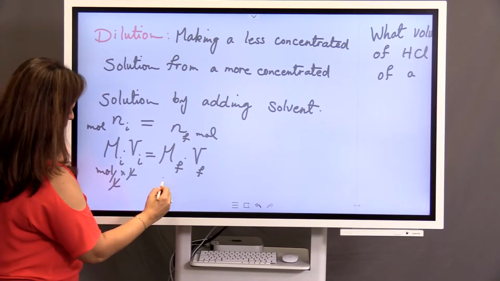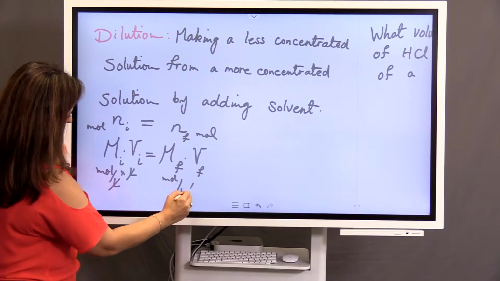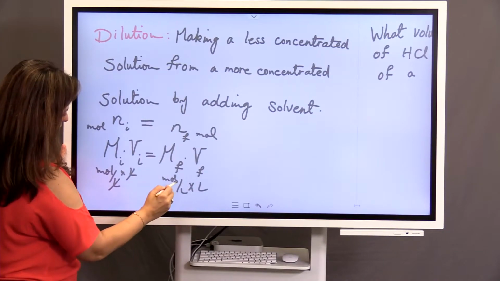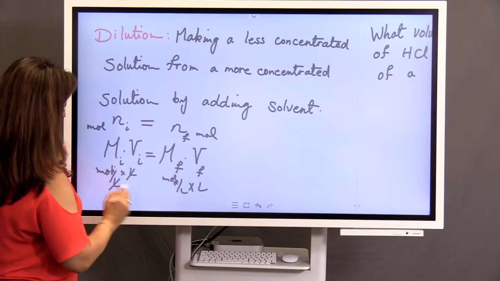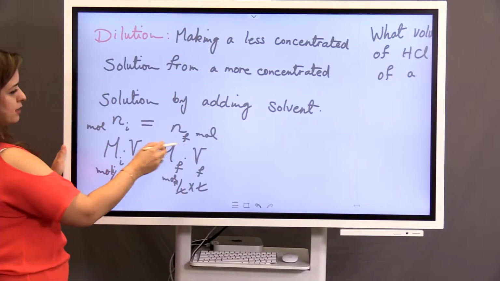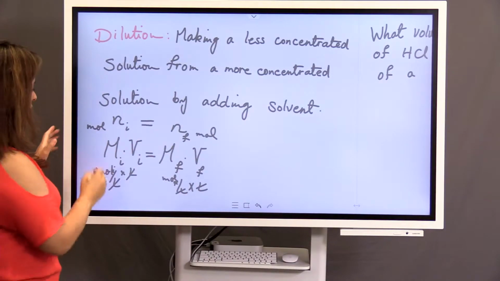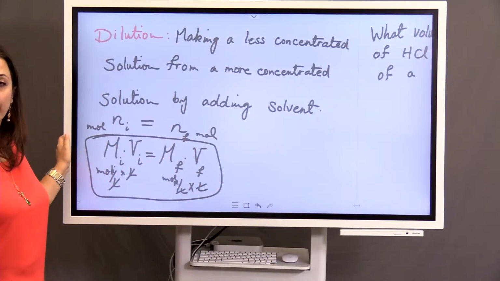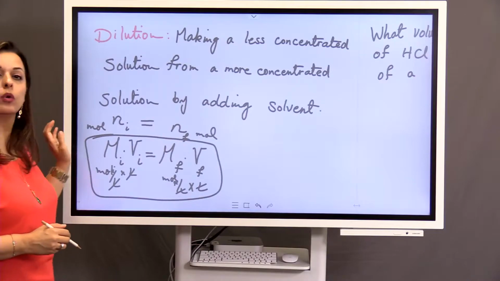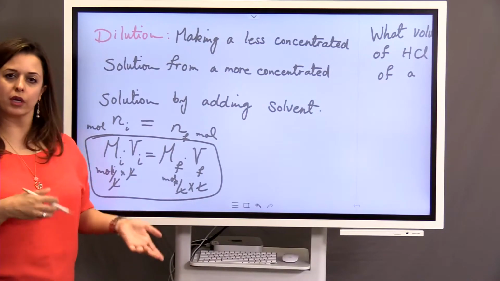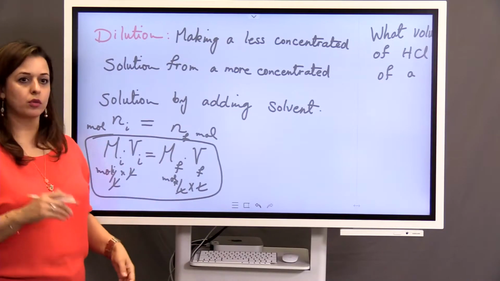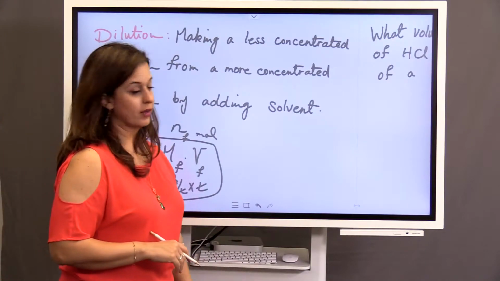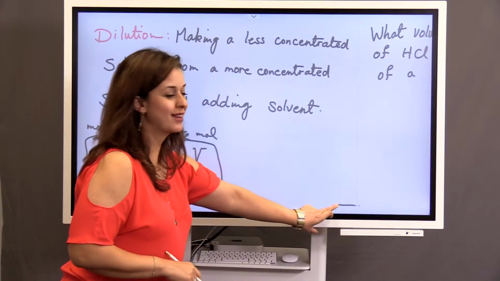The same thing for the other side: moles per liter times liters, there is going to be moles final and moles initial, and you will have Ni equal to Nf. So this is the formula you need to keep in mind: MiVi equals MfVf, or M1V1 equals M2V2. That used to be one of my favorite formulas when I was a student.